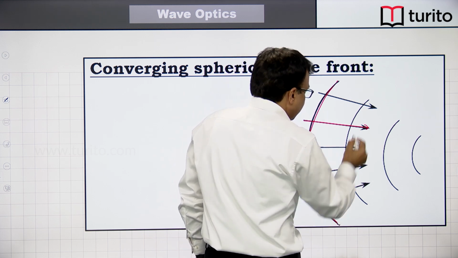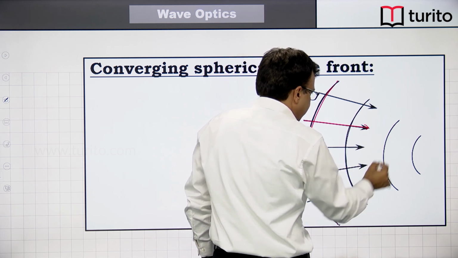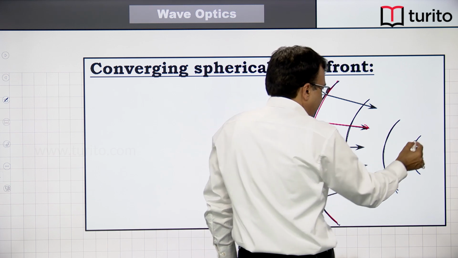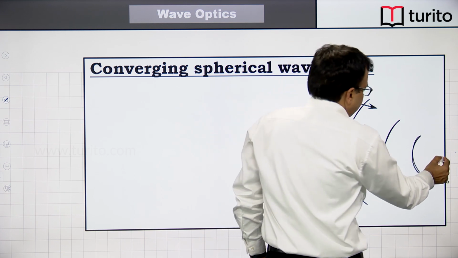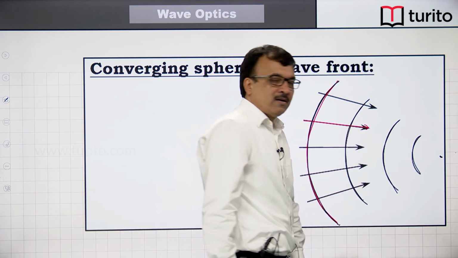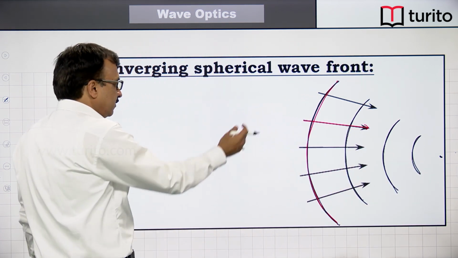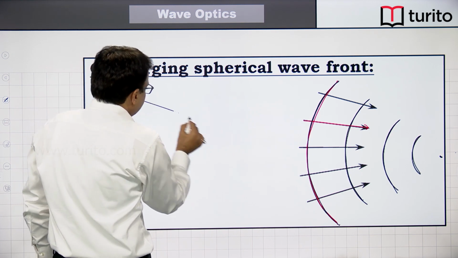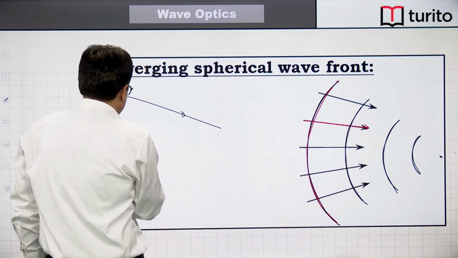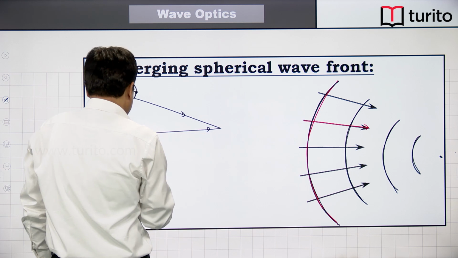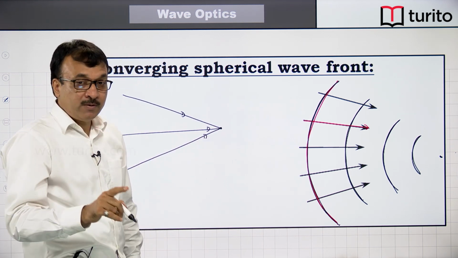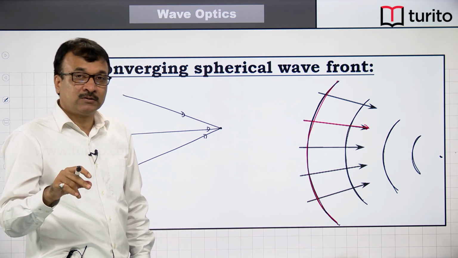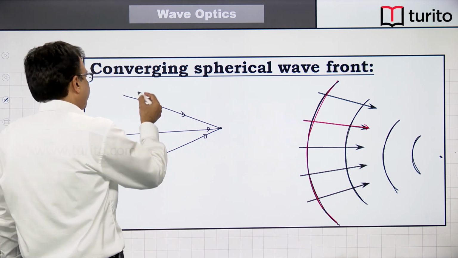This is the wavefront, this is the wavefront, this is the position of the wavefront after some time, and here there will be a point of intersection of all these rays. Suppose these are the rays which are going to converge at this point, then the point of convergence will become the center of curvature of the wavefront.